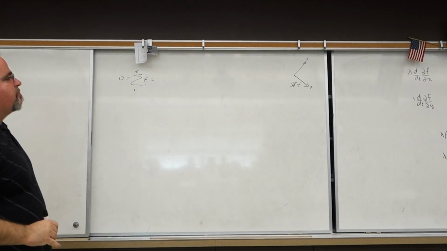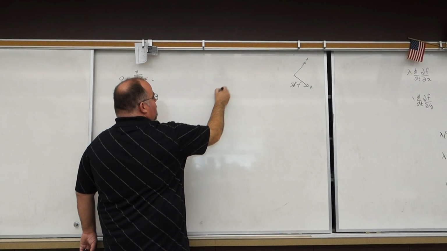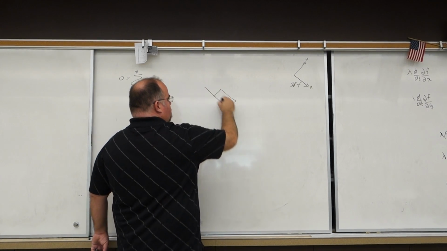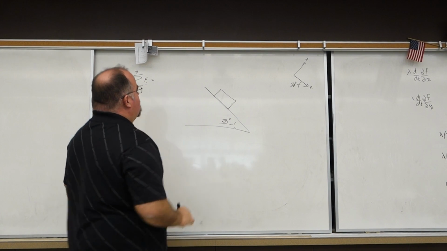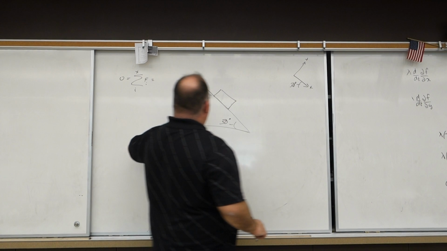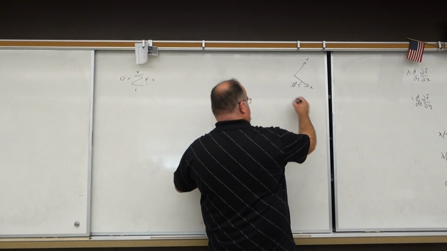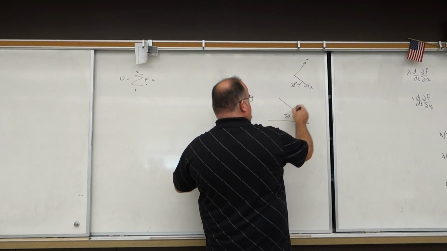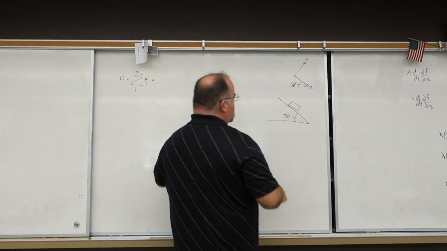All right. First of all, let me draw the picture bigger here. I'm going to need more room for my equations. All right, so let's do the free body diagram.